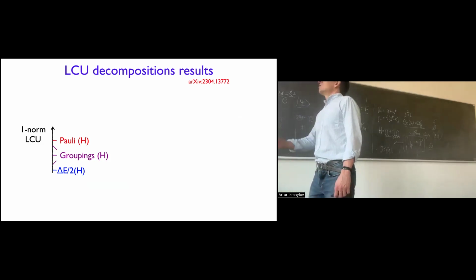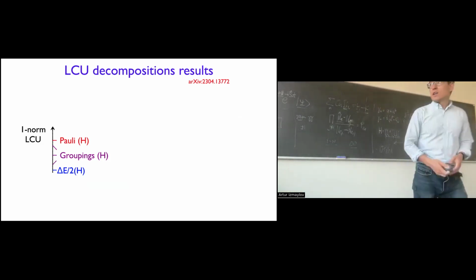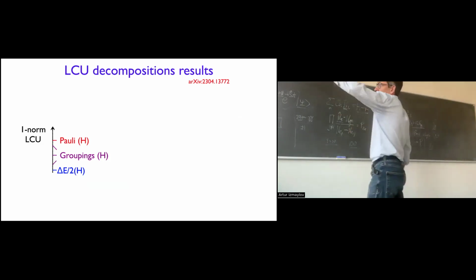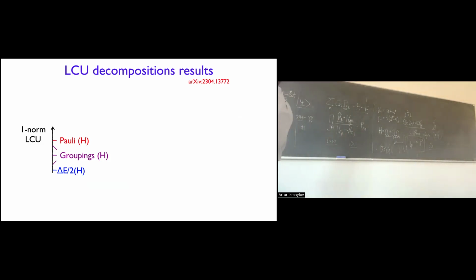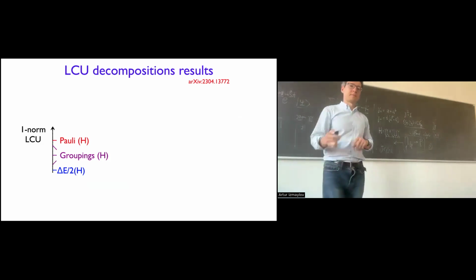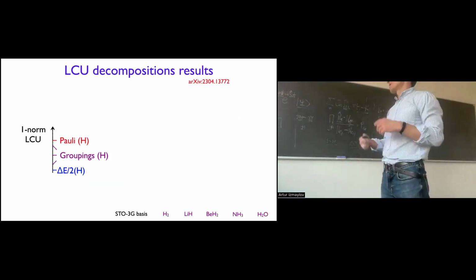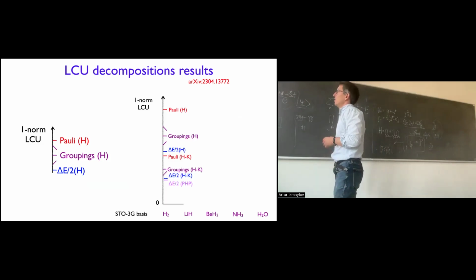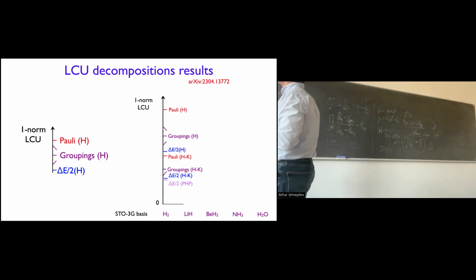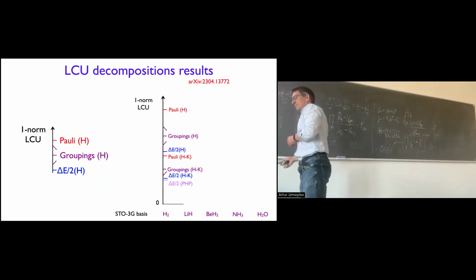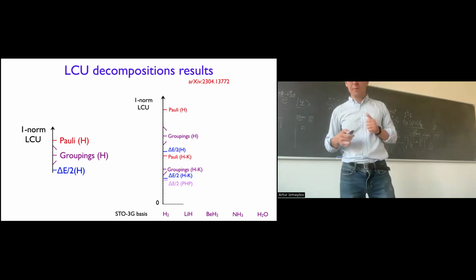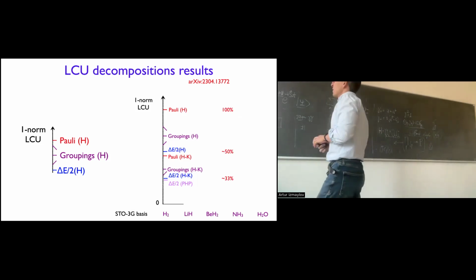Okay, so results, how does this all work? In general, if you look at the one norm, Pauli will be the highest. You cannot go below the spectral range with the same Hamiltonian, and the groupings will be somewhere in between. Now, for the small systems that we like to play with, this is a general overview. On top is the Pauli decomposition for the Hamiltonian, and that's 100%, let's say.